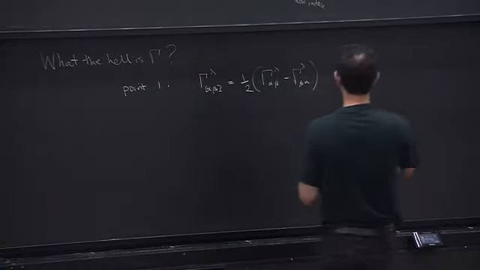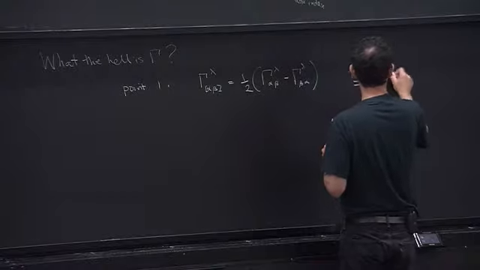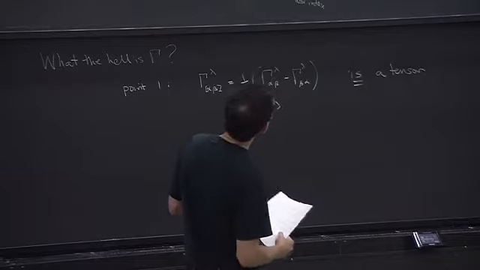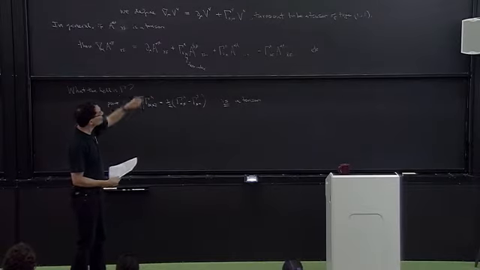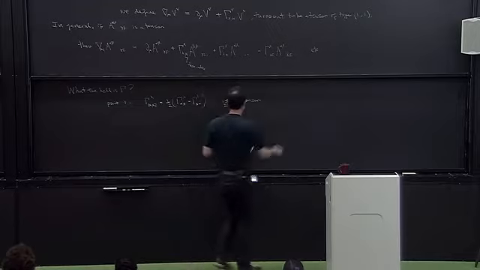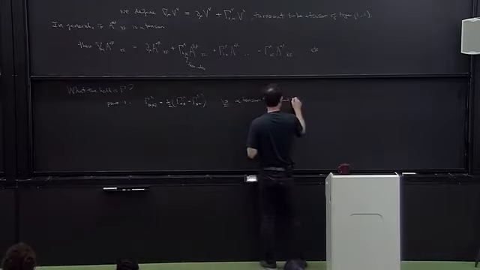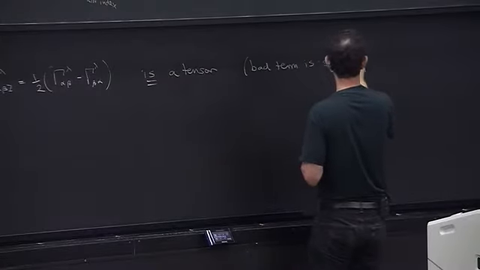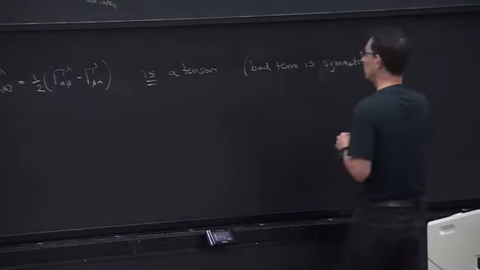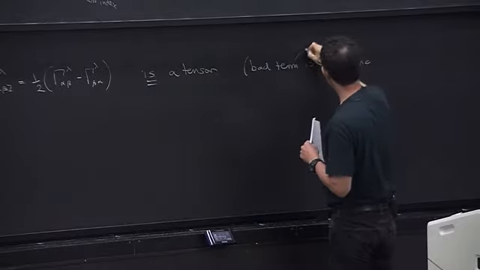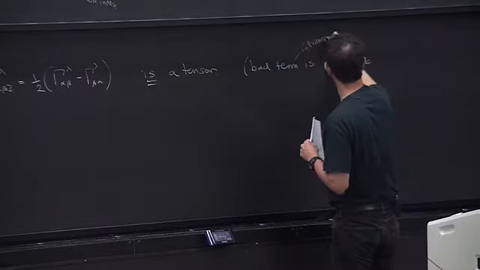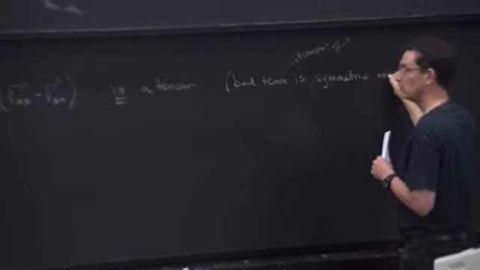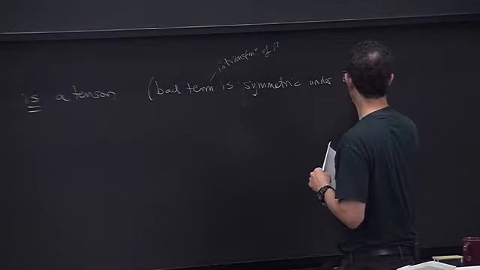Actually, this is a tensor. And you can see that because the bad term is symmetrical under the lower two indices. The bad term in the transformation of gamma is symmetric under alpha goes to beta.